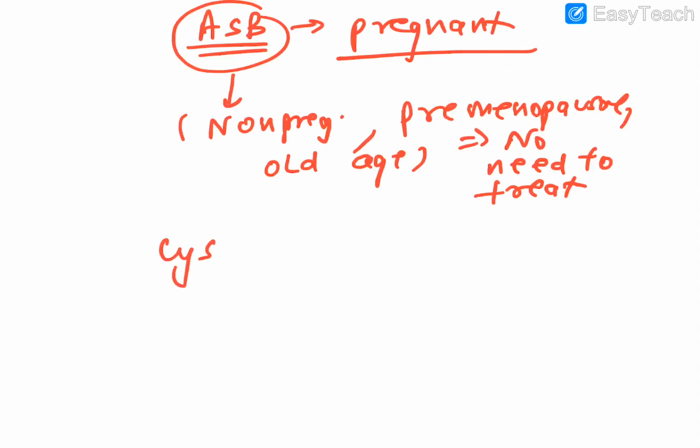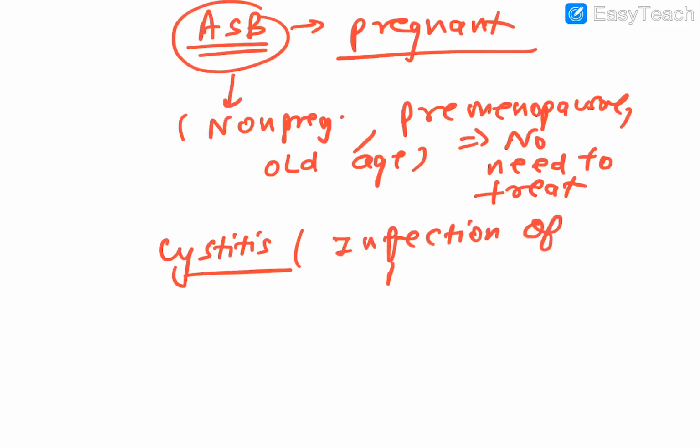Regarding the ASB stuff. Then you have cystitis, and cystitis is termed as what? Cystitis is the infection of the bladder. I've already told you what the main features of it are: frequency, urgency, and dysuria. So you already know that.